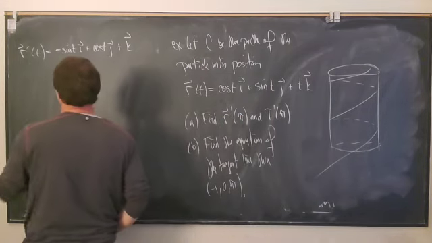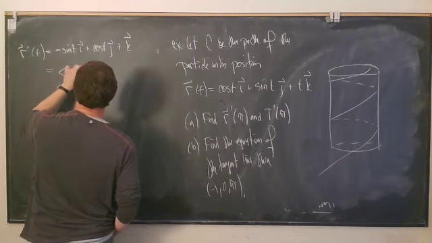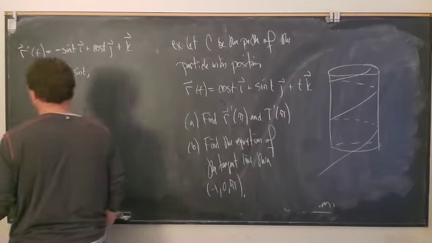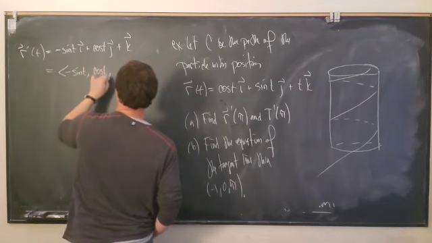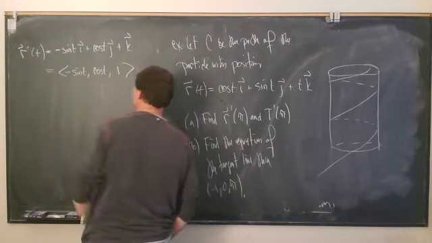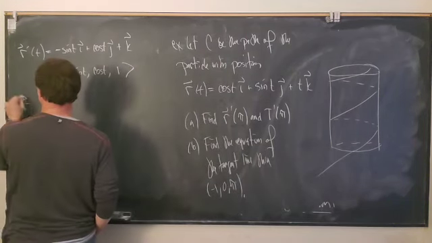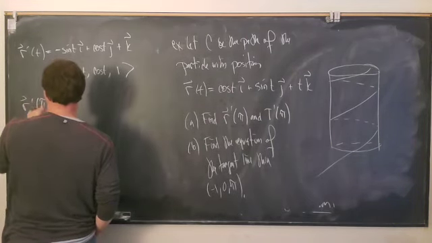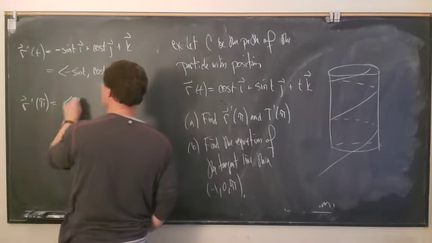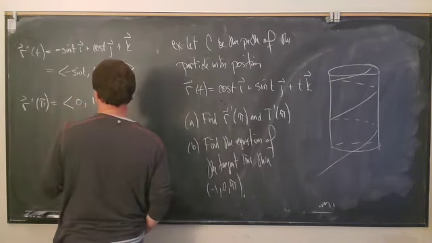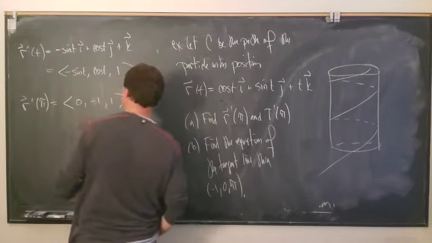For me, it's so much easier to think in the math way rather than the physics way with angle brackets. So minus sine t, cosine t, 1. And so now we want r prime of pi. The sine of pi is 0. Cosine of pi is minus 1. And so there's our vector.